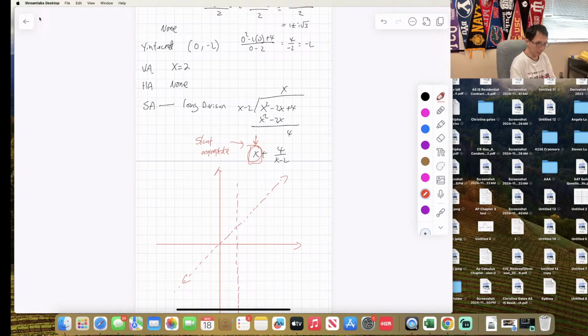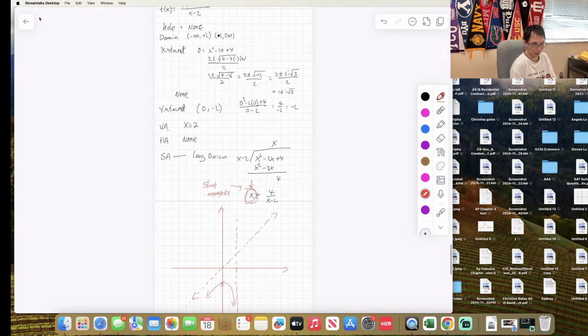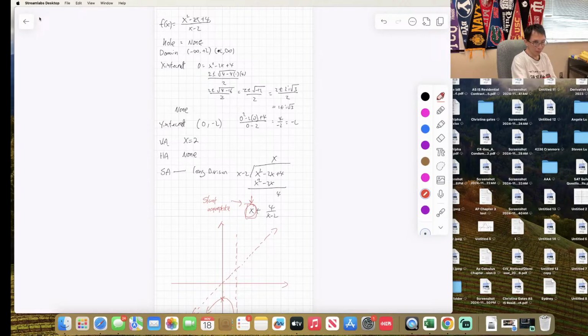The y-intercept is at -2. So obviously it's going to go toward the asymptote this way. Now when you go in this way, it should be like this. Why? Well, we don't know. We plug in maybe -1.9.